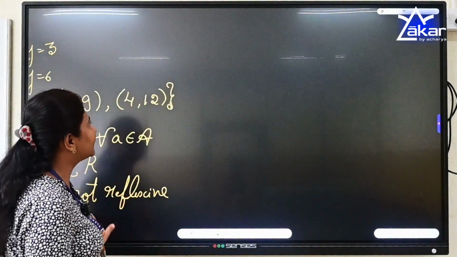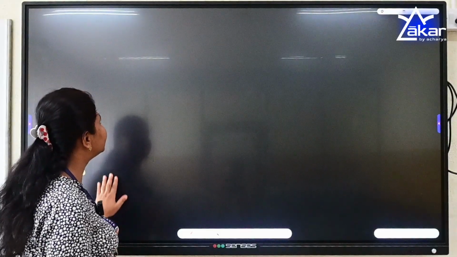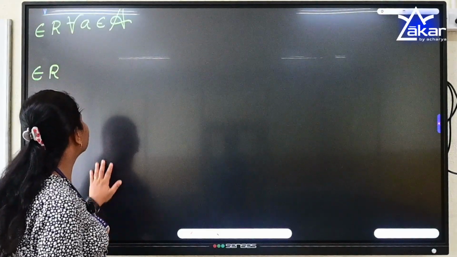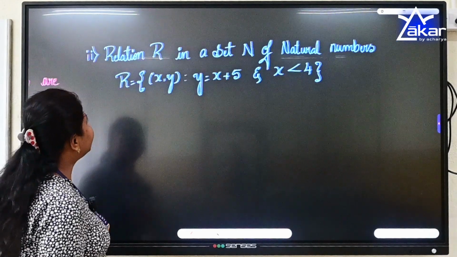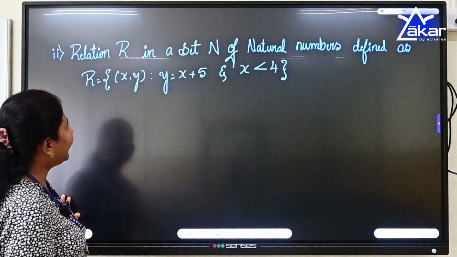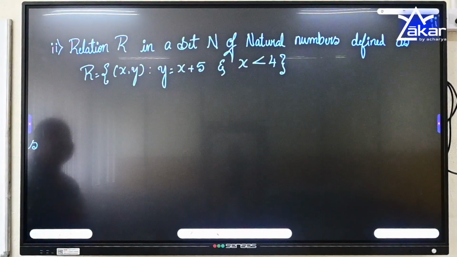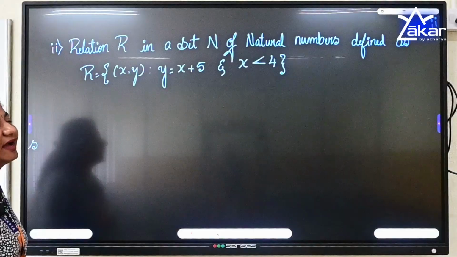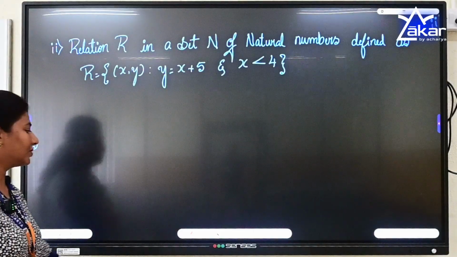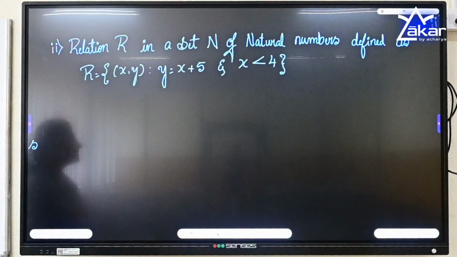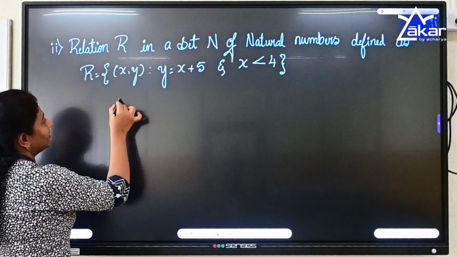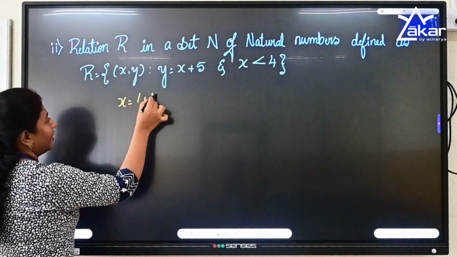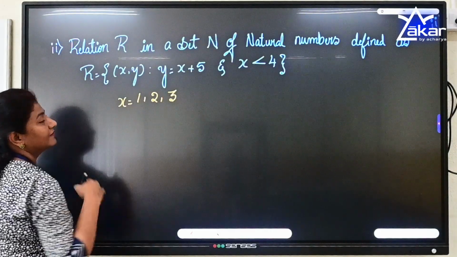According to the second question, let us see what it says. The second condition says, for the relation R in the set N of natural numbers defined as R is equal to y equals x plus 5 and x is less than 4. They have already given x is less than 4, which means the elements of x I can apply here are x equals 1, 2 and 3.